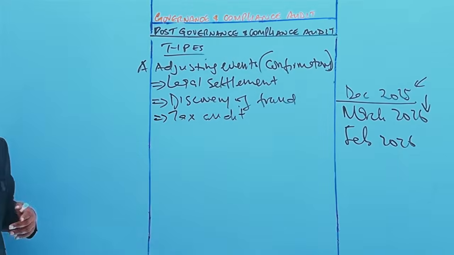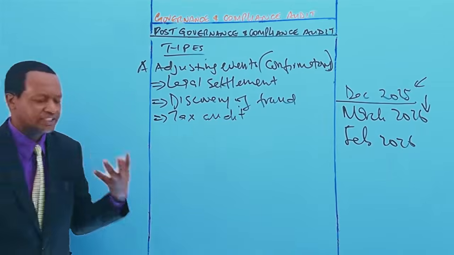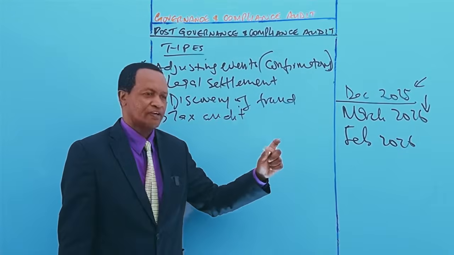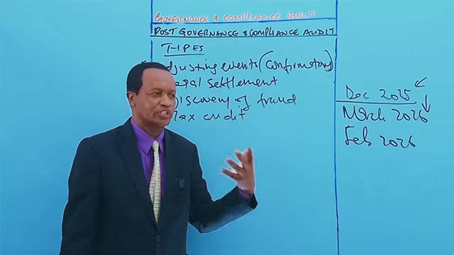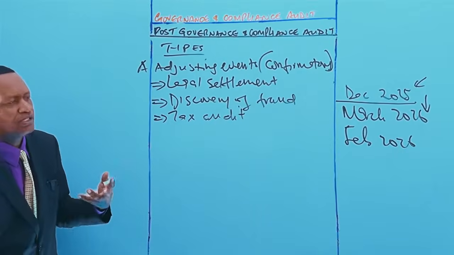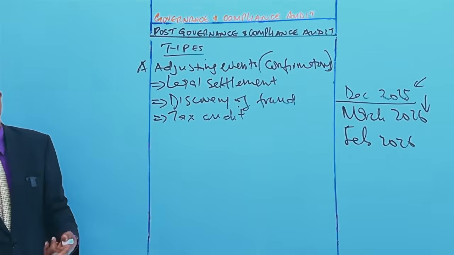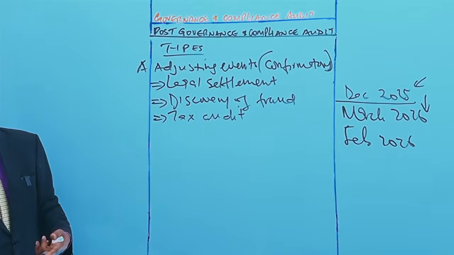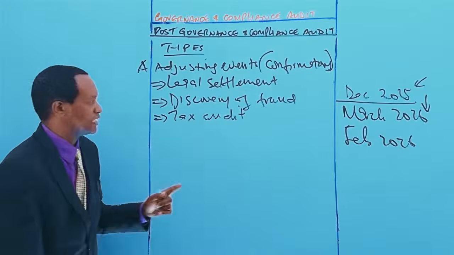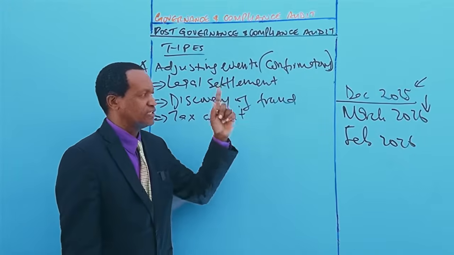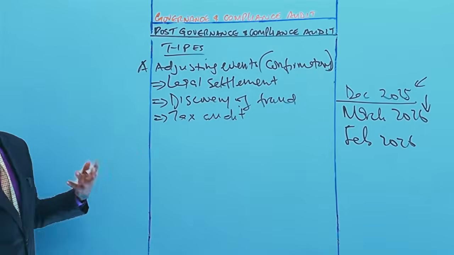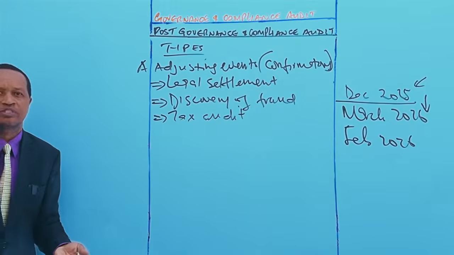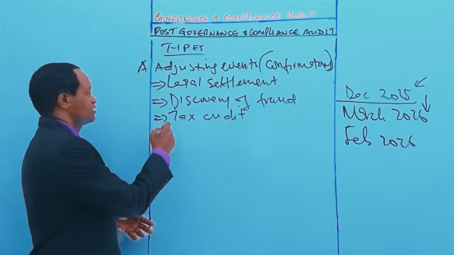You may have things like tax audits. It could be a final assessment from the Kenya Revenue Authority that is received post-audit. After the audit, KRA conducts investigations or carries out an audit of the company, showing that, for example, tax filing errors were discovered and so on. That could also be a subsequent event that happens after the audit period. So these are just examples, candidates. It could be regulatory fines.